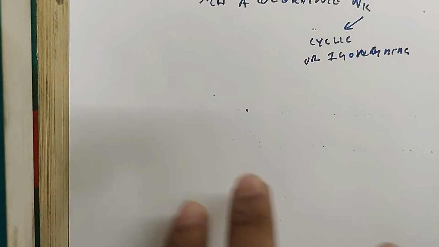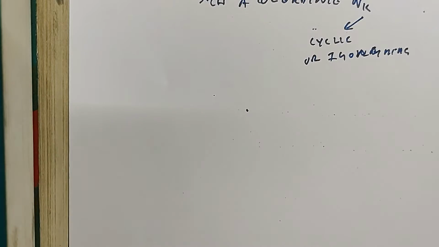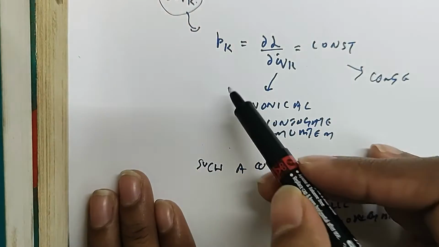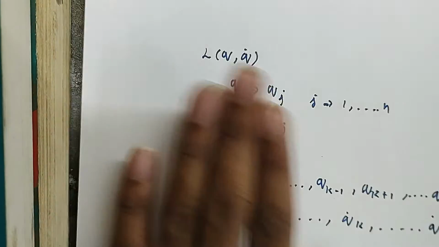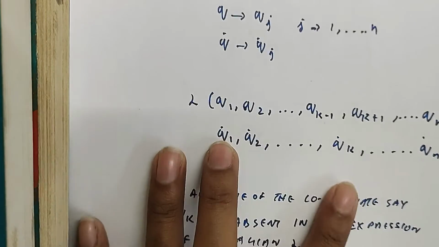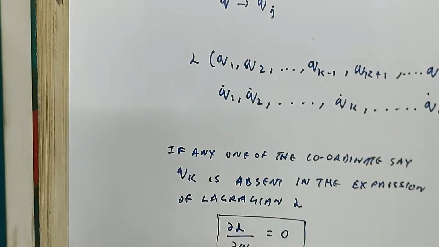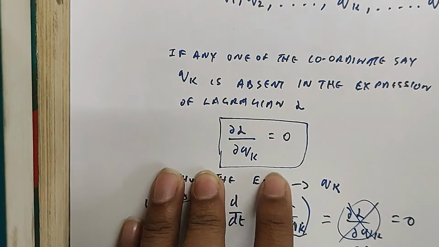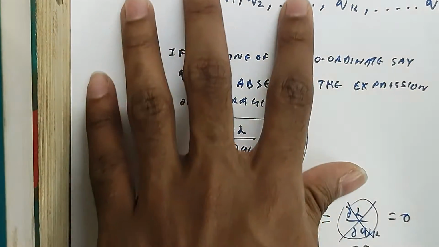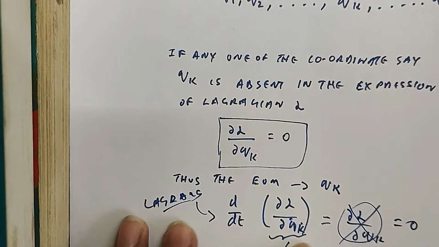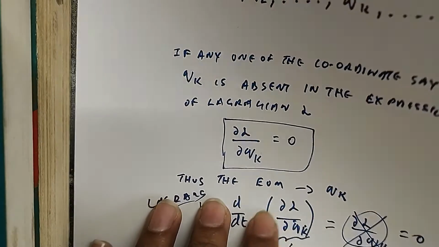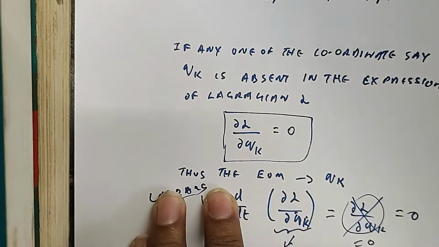Now, if you see, this is my equation. I defined a Lagrangian, and it depends upon the following function. I say the qk does not appear explicitly in the Lagrangian. That means my ∂L/∂qk equals 0. Thus, I use the Lagrange equation of motion, and I find that d/dt of this particular parenthesis is equal to 0.